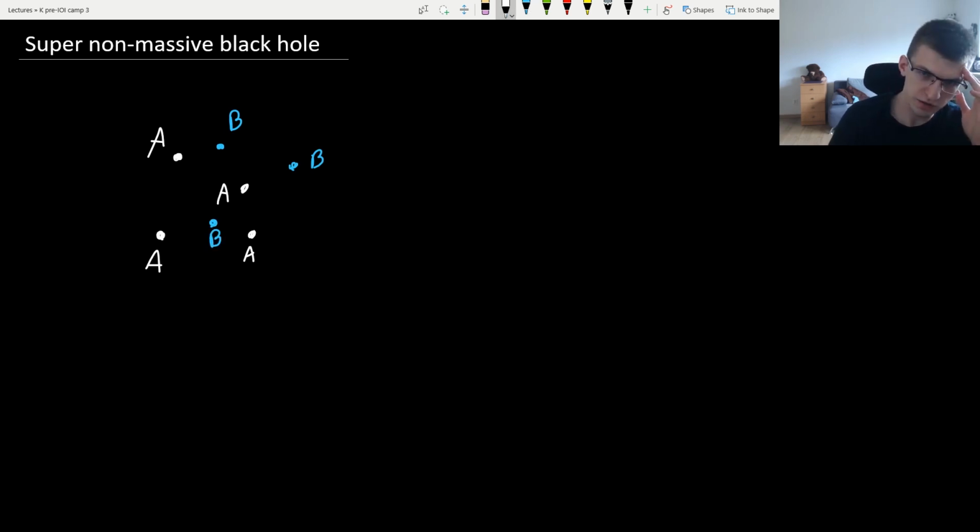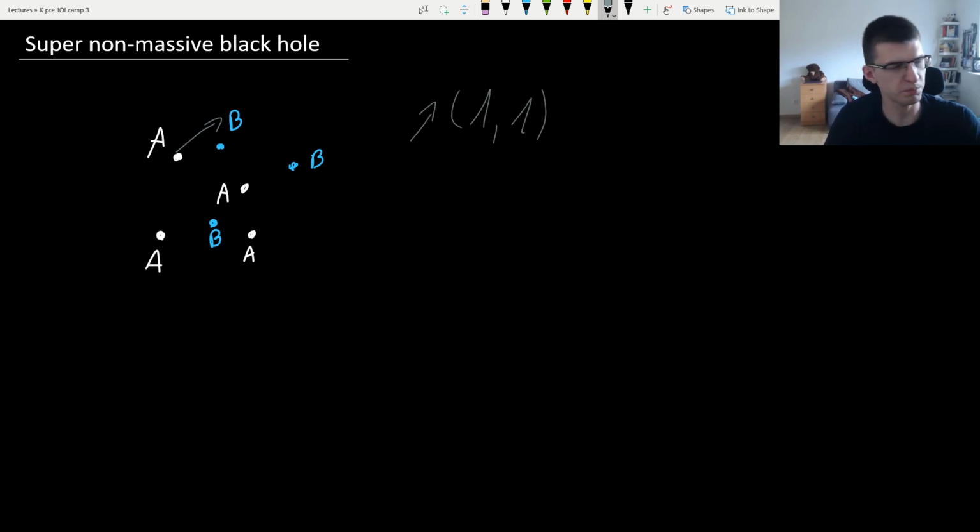You need to shift the whole set of A by some vector that should be x to the right and x up. So you move by vector 1, 1.